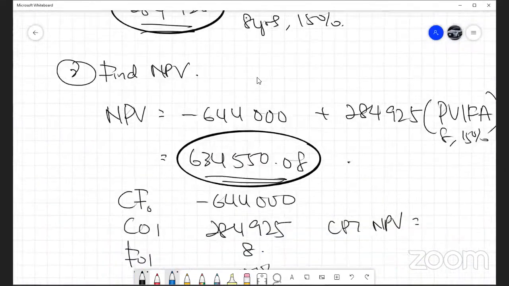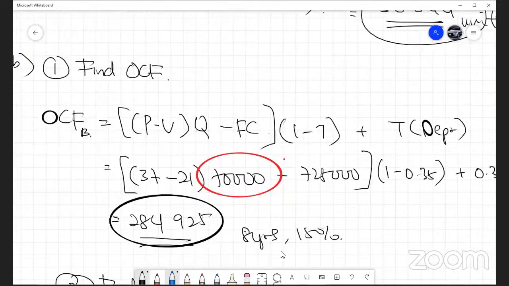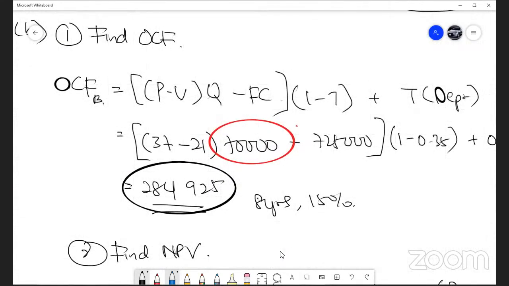This is the base one. Now instead of changing the quantity, which stays at 70K, we want to find how the variable cost changes affect your OCF as a whole. This is the next thing that we want to see.